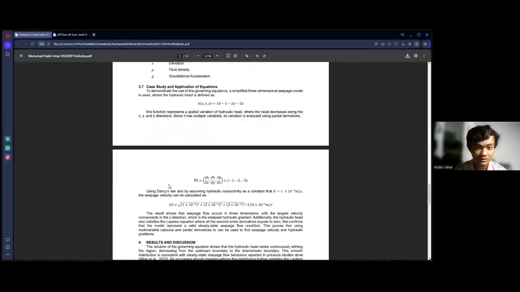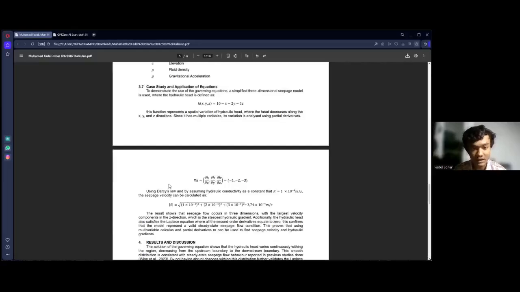This function represents a spatial variation of hydraulic head, where the head decreases along the x, y, and z directions. Since it has multiple variables, its variation is analyzed using partial derivatives. Here we have the derivative of h, which equals x becoming minus 1, y becoming minus 2, and z becoming minus 3.